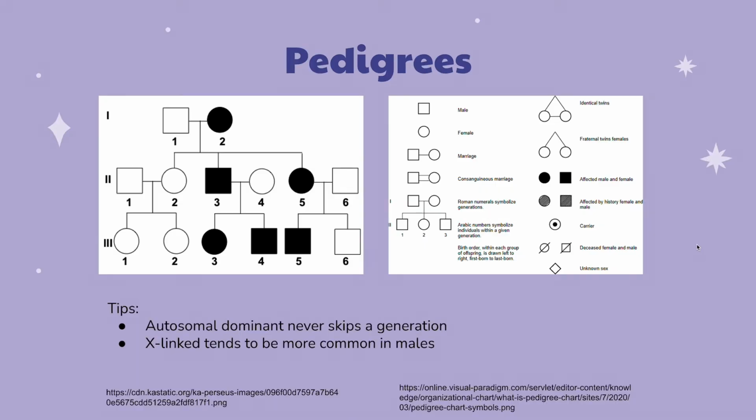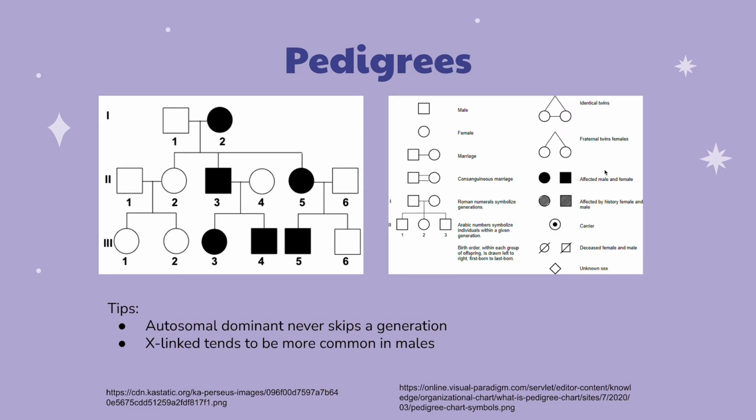Lastly is pedigrees. Pedigrees are a way for you to look at inheritance. You don't need to know too much about these symbols, but just know mainly that squares are male, circles are female. These are what different types of twins look like, and then this is a marriage, and then these are the children.